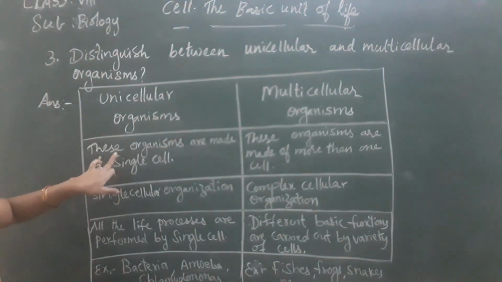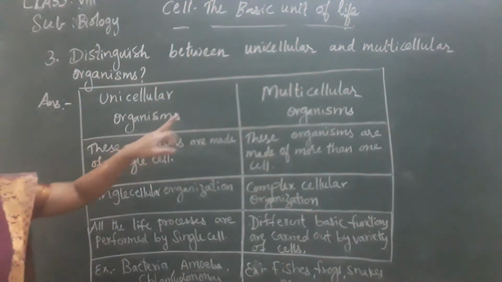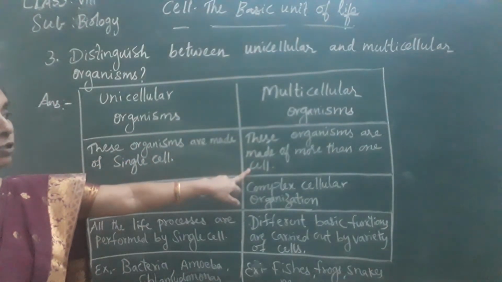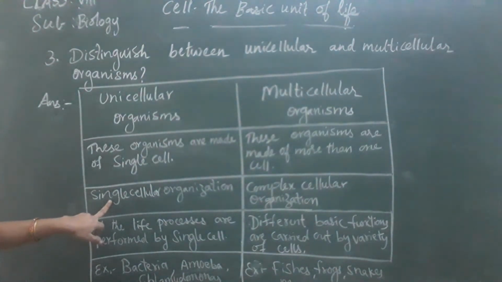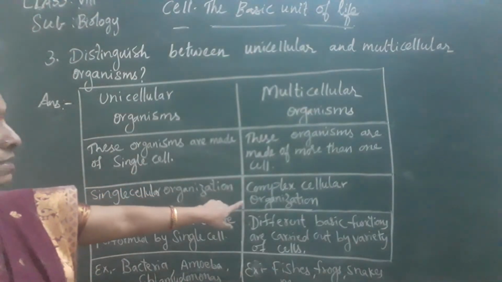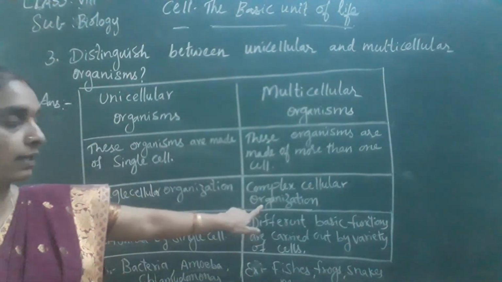See, unicellular organisms are made of a single cell, whereas multicellular organisms are made up of more than one cell. Unicellular organisms show single cellular organization, whereas multicellular organisms show complex cellular organization.